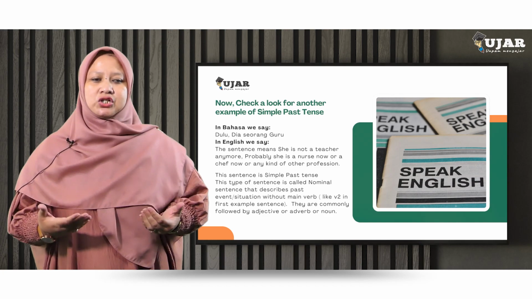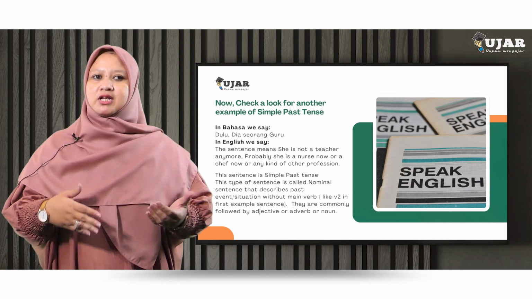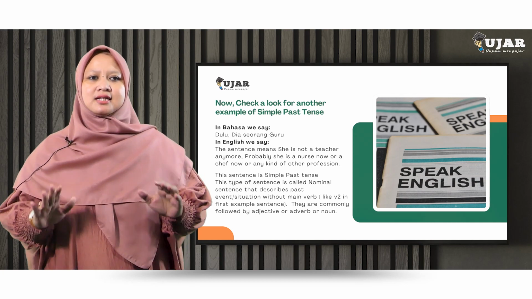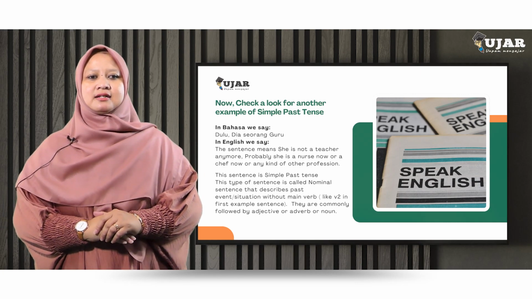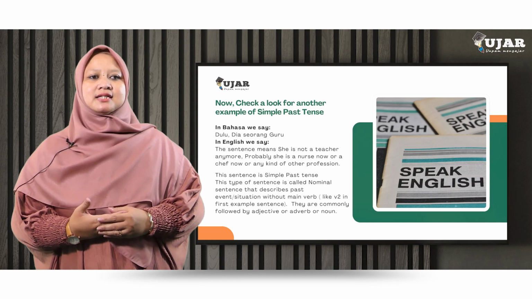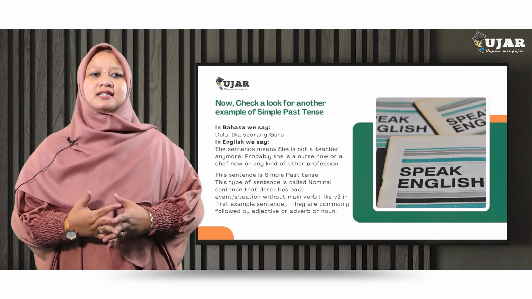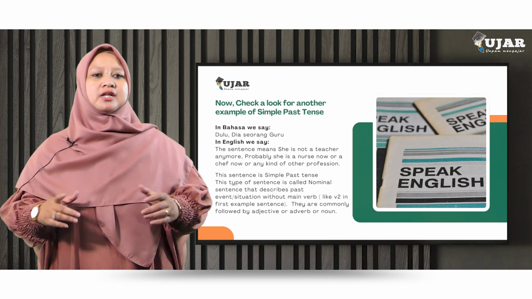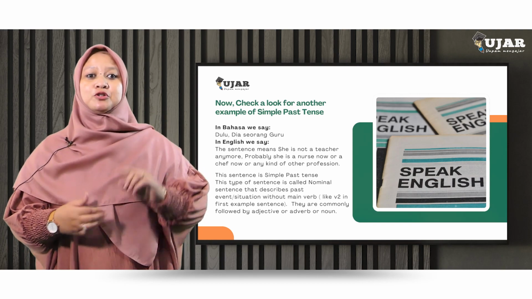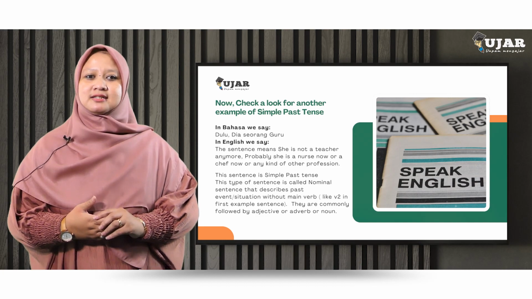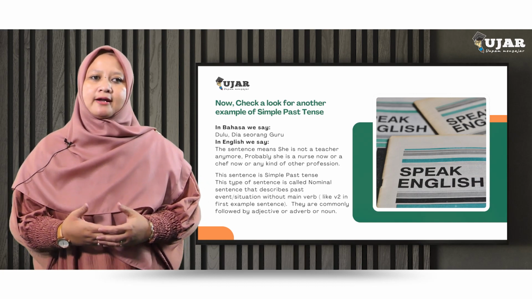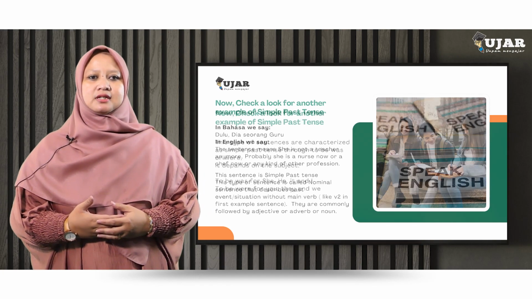Probably she is a nurse now, or a chef now, or any kind of other profession. This sentence is simple past tense. This type of sentence is called nominal sentence that describes a past event or situation without main verb, like verb to be in the first example sentence. They are commonly followed by adjective or adverb or noun.